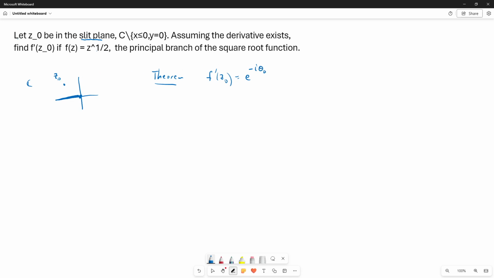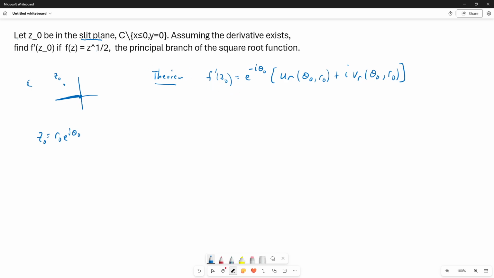So this point z0 has a polar form, r0 e to the i theta 0, and then times u sub r at theta 0 r0 plus i v sub r at theta 0 r0.